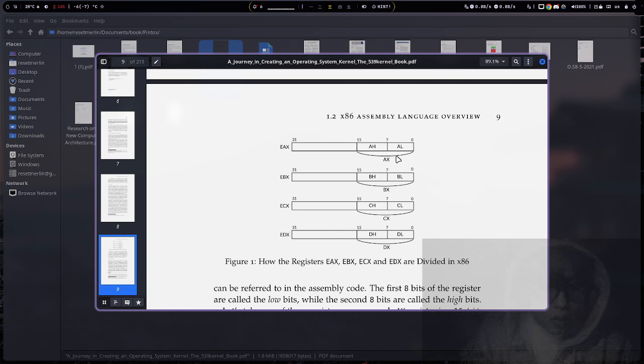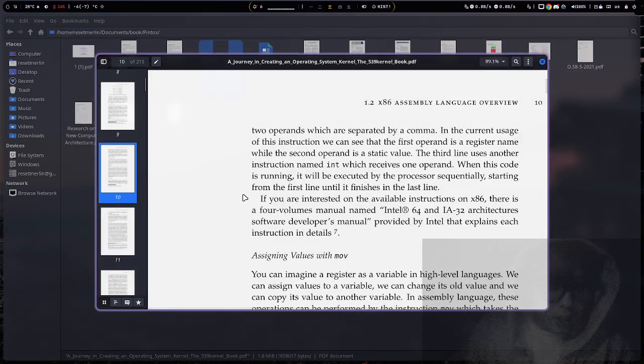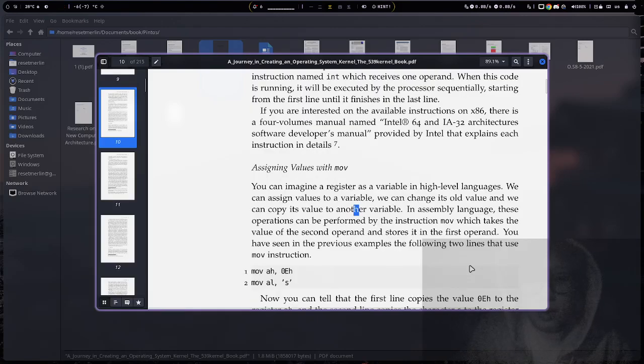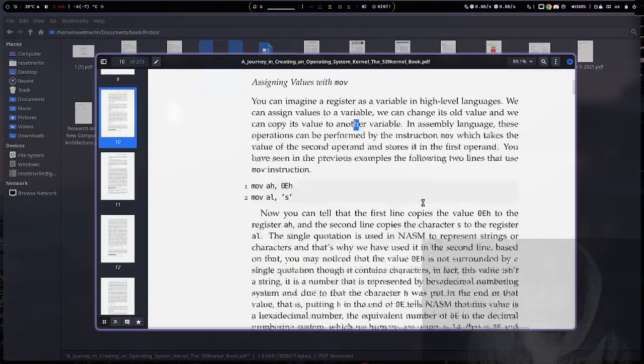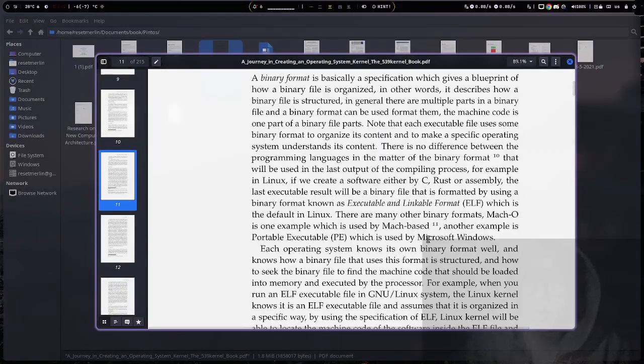And also, this one is really interesting. I think this concept is widely used. Wait, hold on, not here. I think I have to increase this. Where was it? Here, this ELF is a really important concept, because I've seen this word in other blogs about writing an operating system using Rust.